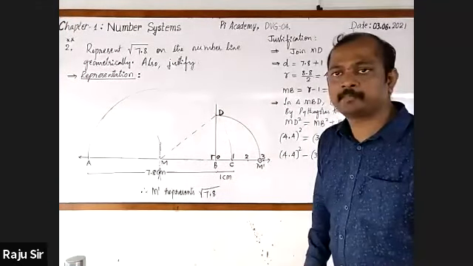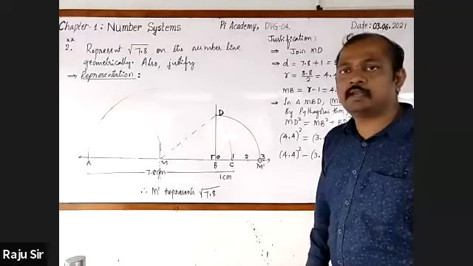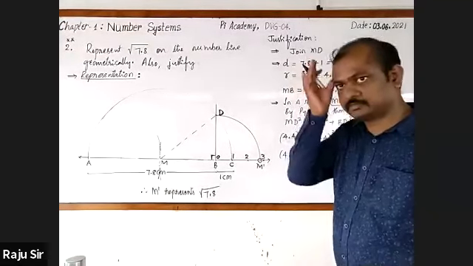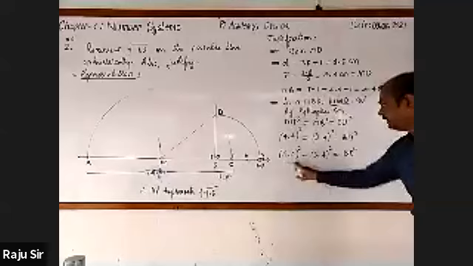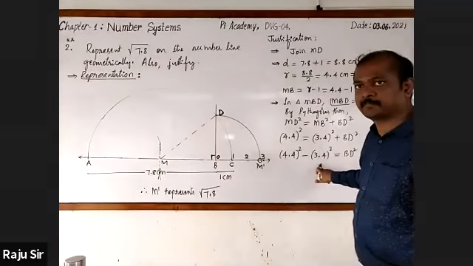How do you write this by using identity?